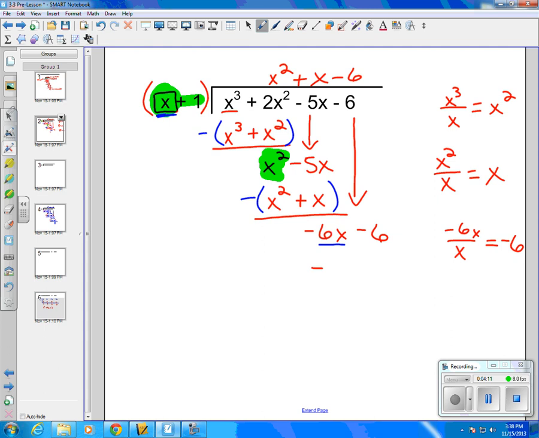So this would be minus 6x and minus 6. Once again, we are performing subtraction. So negative 6x minus a negative 6x would be 0. A negative 6 minus a negative 6 would be 0. So we would be left with a remainder of 0, leaving this as our answer.